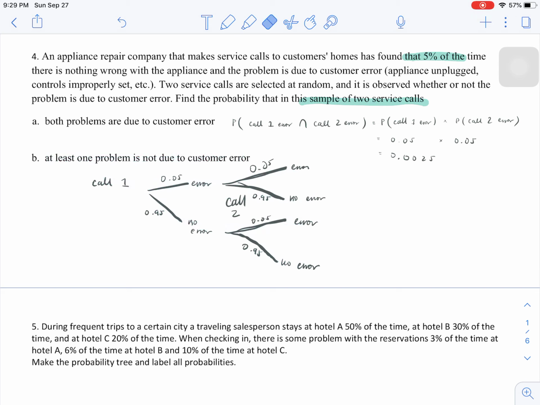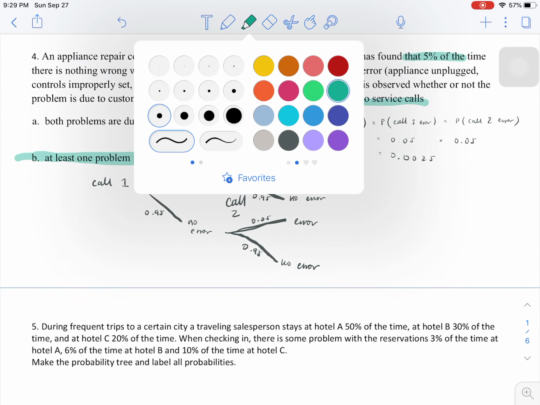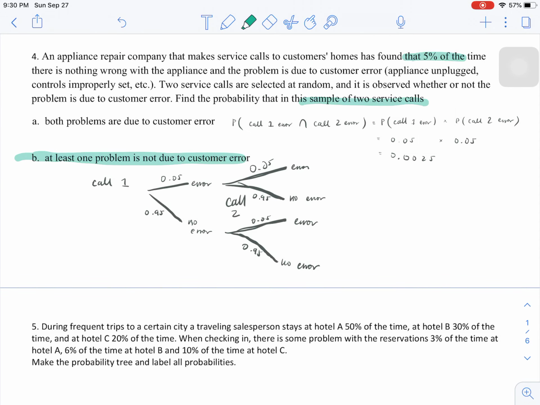Okay, so let's go back to our problem. We want to find the probability that at least one call is not due to customer error. So at least one is no error. So that happens when the first call is due to no error and the second one is, or when the first call is no error and the second one is.